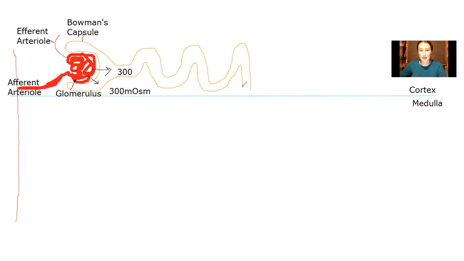And what we're going to talk about on the next slide here is what's happening in this next portion of the tubule. Okay, note that this tubule is super squiggly, right? I didn't draw it that way just for the heck of it. It's super squiggly.